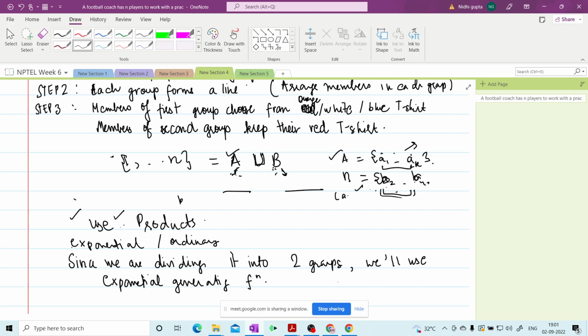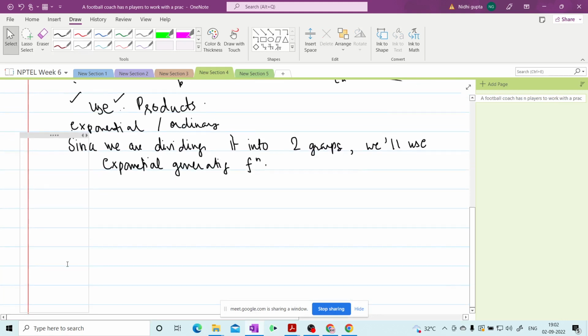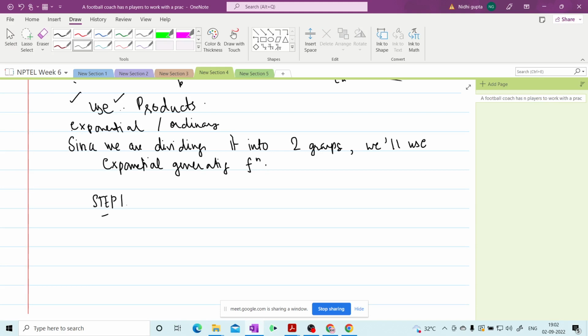So what are we required to calculate? Our step one was to partition 1 to n into ordered 2 groups.